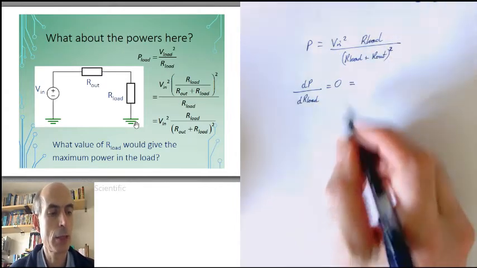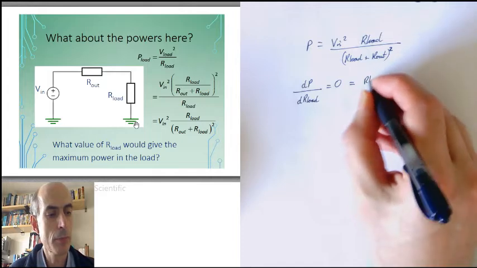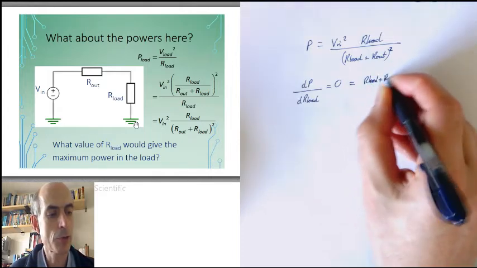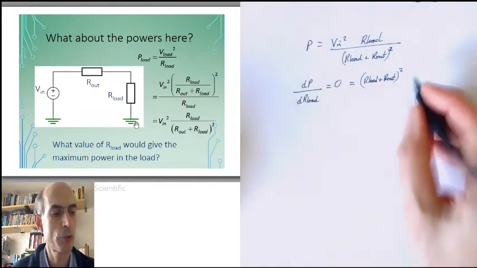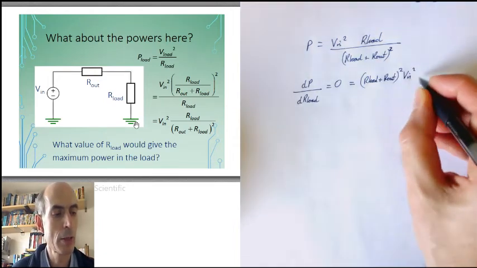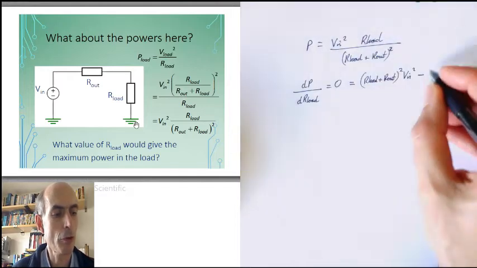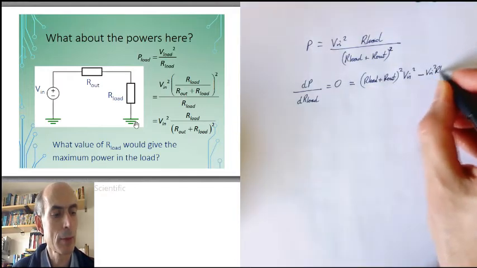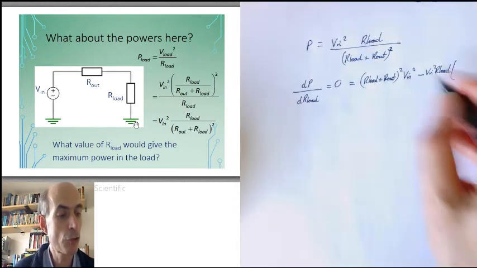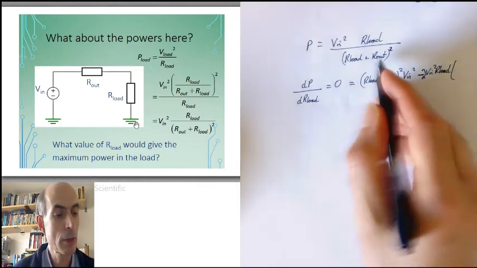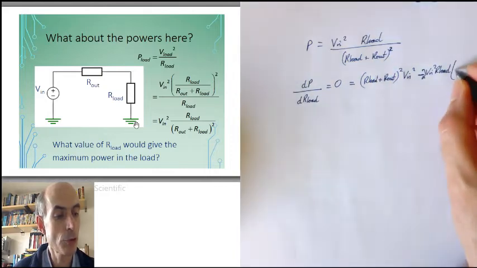Differential of this is R load plus R out squared times the differential of the top, which is just Vin squared, minus what was on the top times the differential of the bottom, which is 2 times R load plus R out.